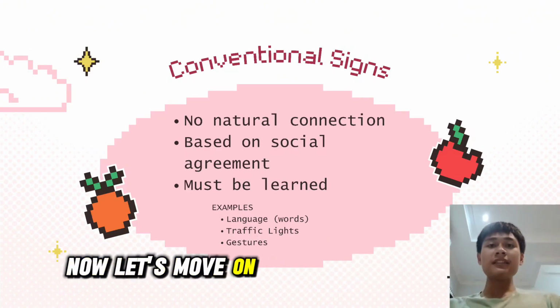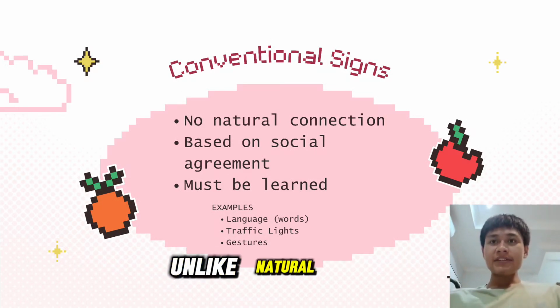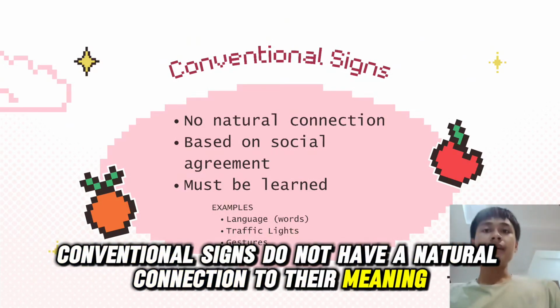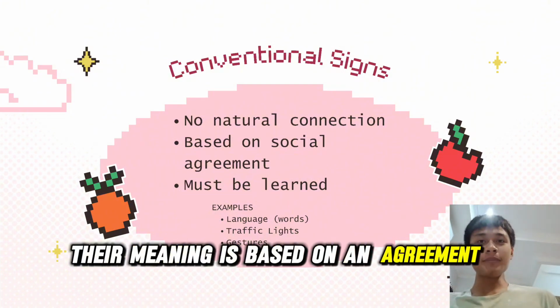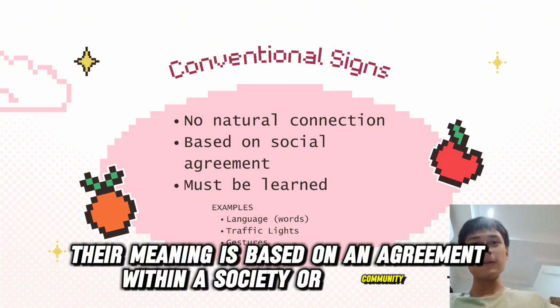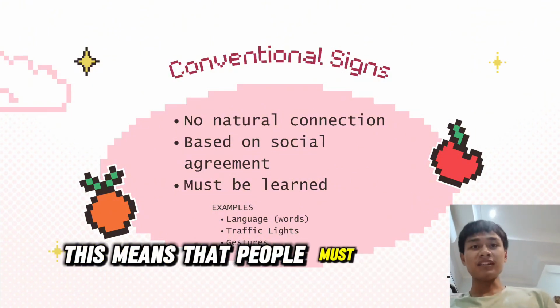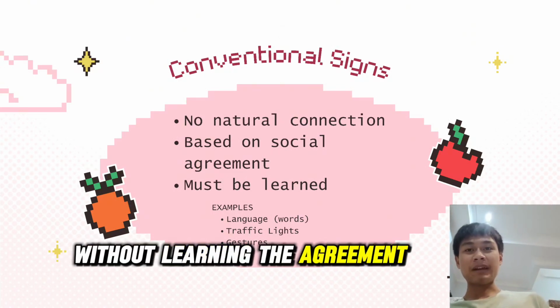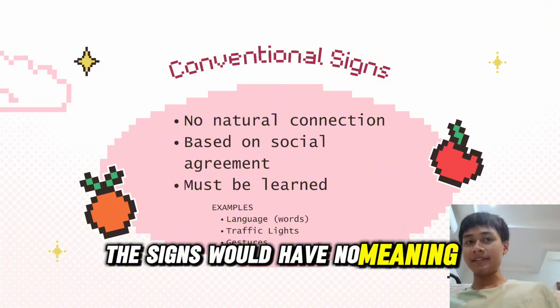Now, let's move on to conventional signs. Unlike natural signs, conventional signs do not have a natural connection to their meaning. Instead, their meaning is based on an agreement within a society or a community. This means that people must learn these signs in order to understand them. Without learning the agreement behind them, the signs would have no meaning whatsoever.